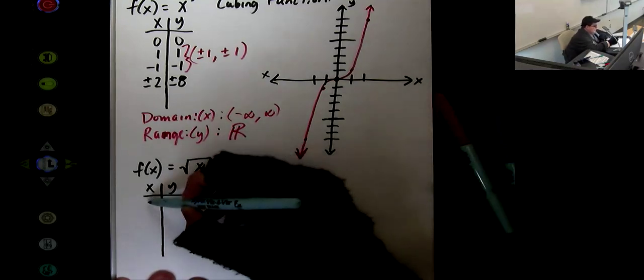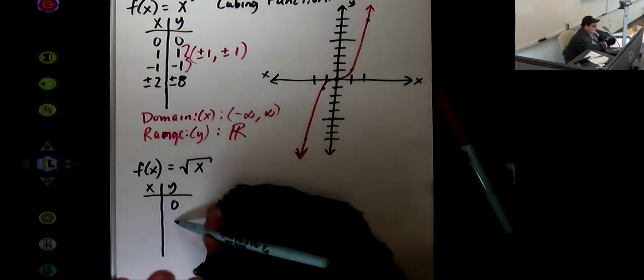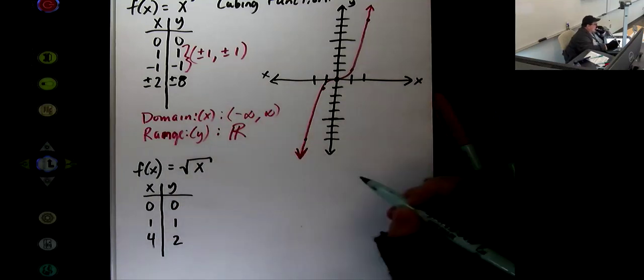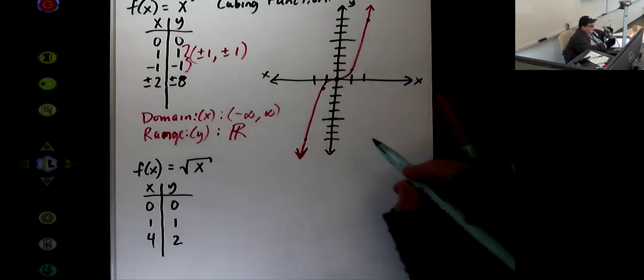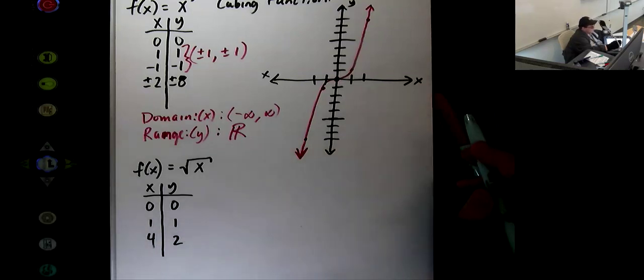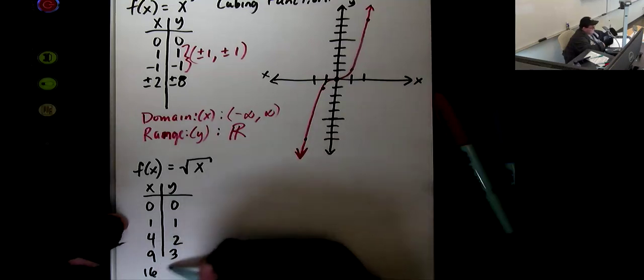It's better to pick numbers here that are perfect squares. Like start with y equals 0, 1, and 2, and the square values are 0, 1, and 4. That way, when I take the square root of 4, I get the 2. And this keeps going. 9, 3, 16, 4.